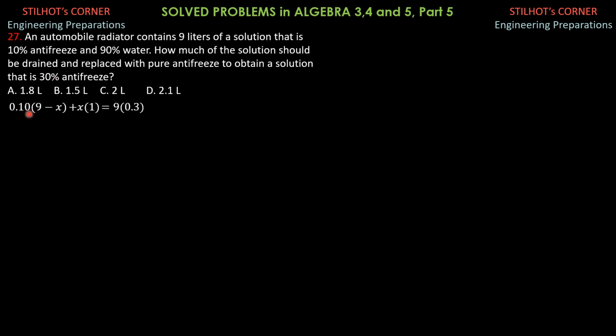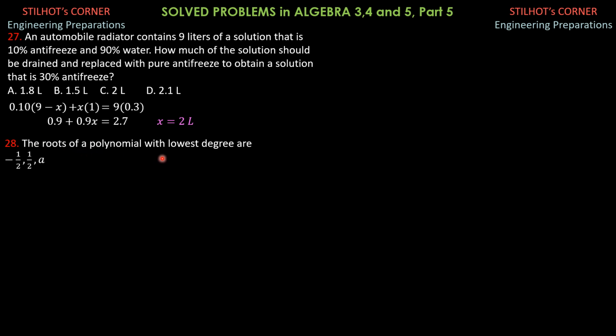So 0.9, then 0.1x, negative 0.1x plus x is 0.9x. So 0.9 plus 0.9x equals 9 times 0.3 is 2.7. So x is 2.7 minus 0.9, 1.8 divided by 0.9. So x is 2 liters.